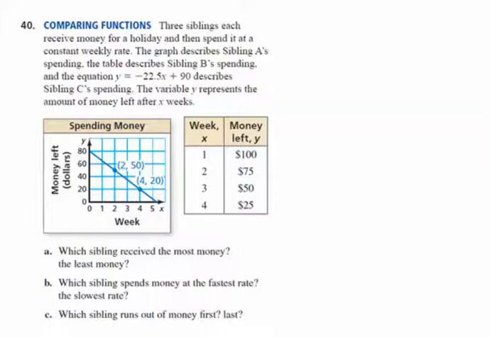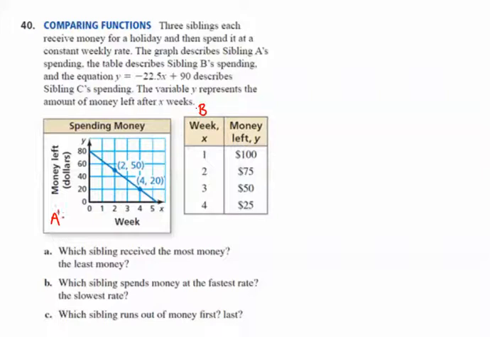So we have three siblings, each receiving money for a holiday, and then spending it at a constant weekly rate. The graph shows sibling A's spending. The table describes sibling B's.